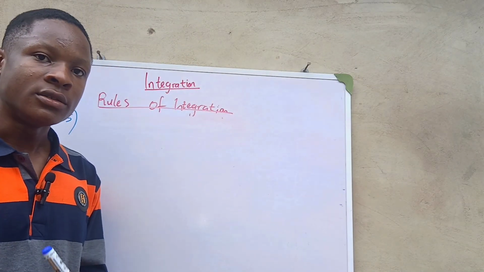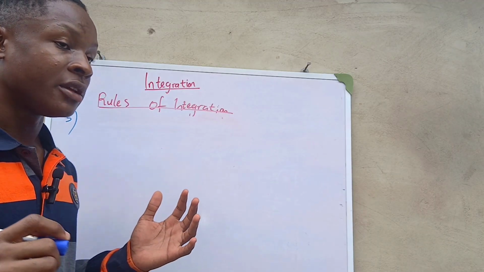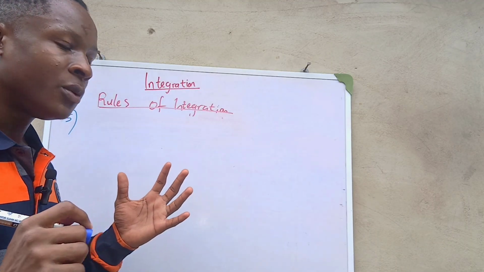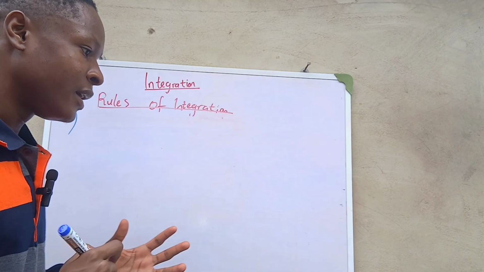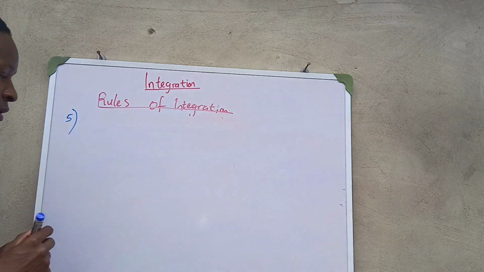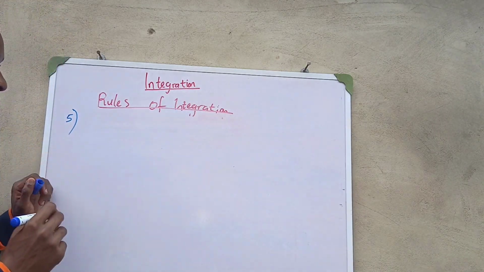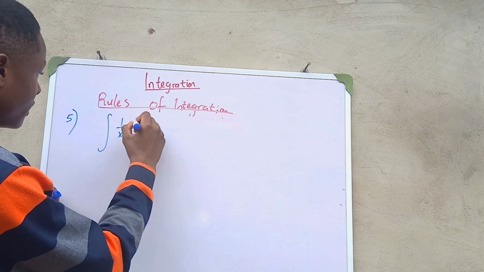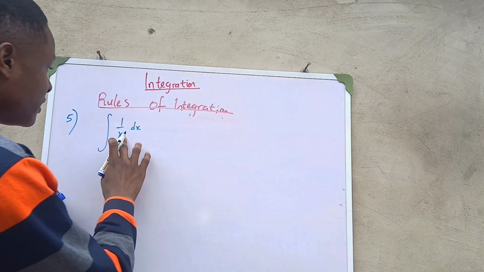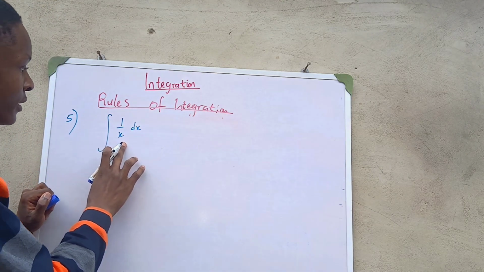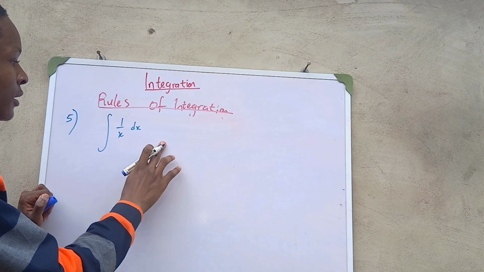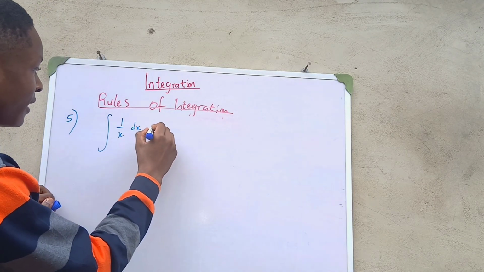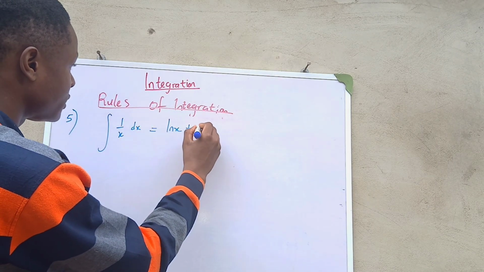The next rule is just something that you need to know, when we are integrating the inverse of a variable or an unknown. Let me say we have the integral of 1 over x dx. We are integrating the inverse of x, that's 1 over x. Integrating this, we'll have ln x plus c.